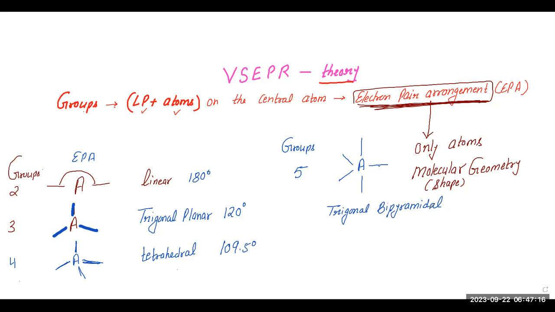Pyramidals are non-planar, and these pyramids have a base. Like here, this particular pyramid, this one, it has a base. Can you tell me what is the name of the base? Look at the shape of the base. Isn't it trigonal? And what's the angle at the base? 120 degrees.